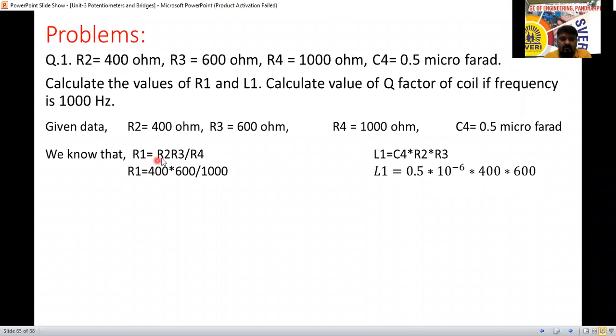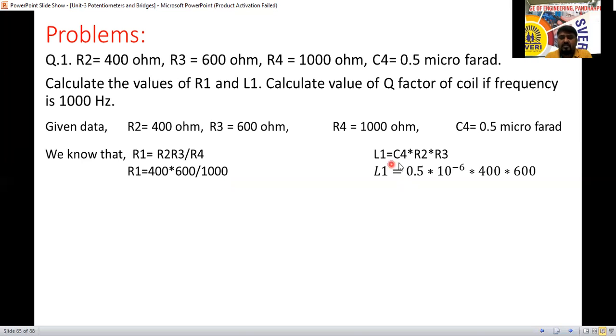R2 is given, that is 400. R3 is given, that is 600. R1 equals 400 into 600 divided by R4, which is 1000. We substitute in the formula.